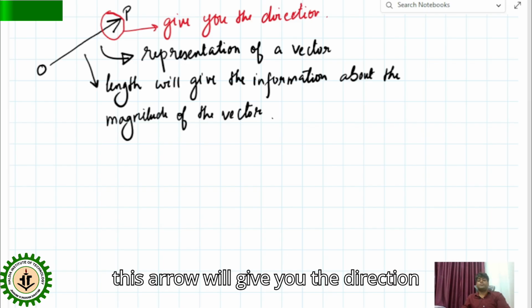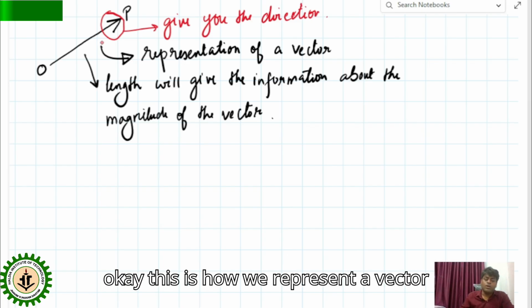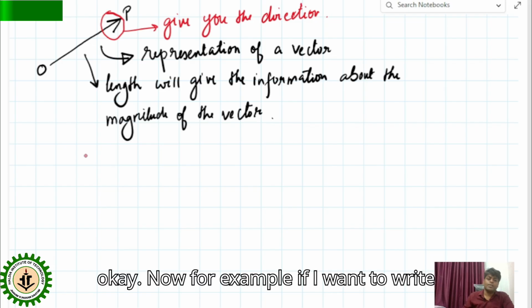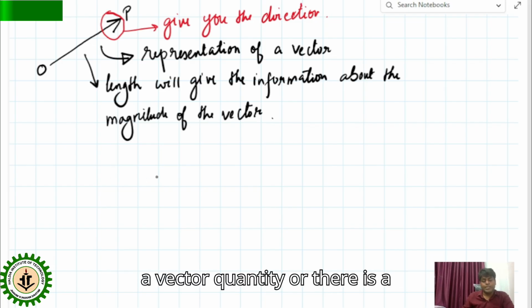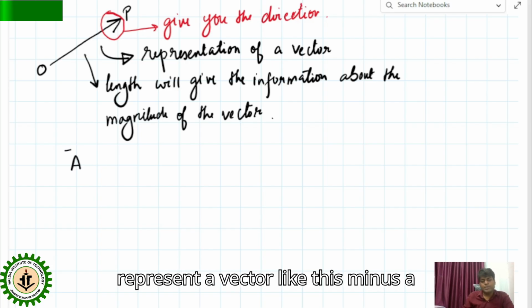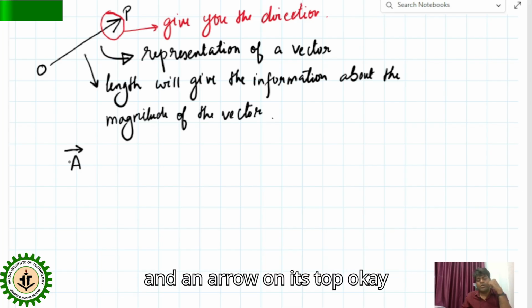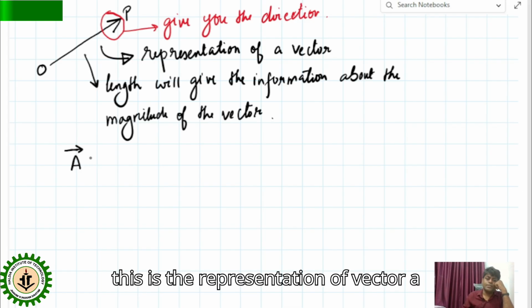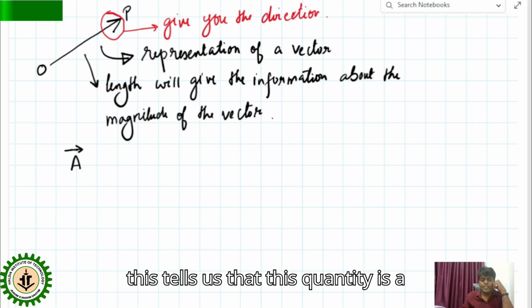This is how we represent a vector. For example, if I want to write a vector quantity called A, we represent a vector like this, means A and an arrow on its top. This is the representation of vector A. This tells us that this quantity is a vector.